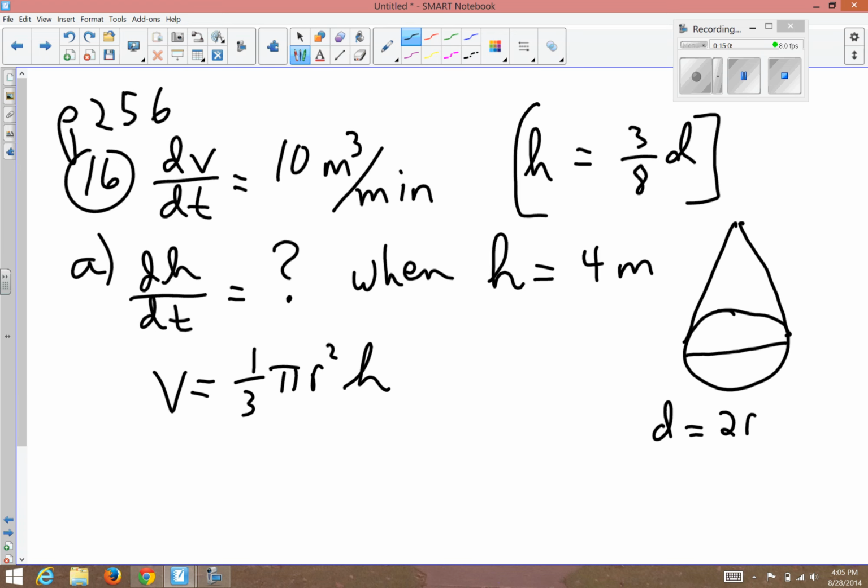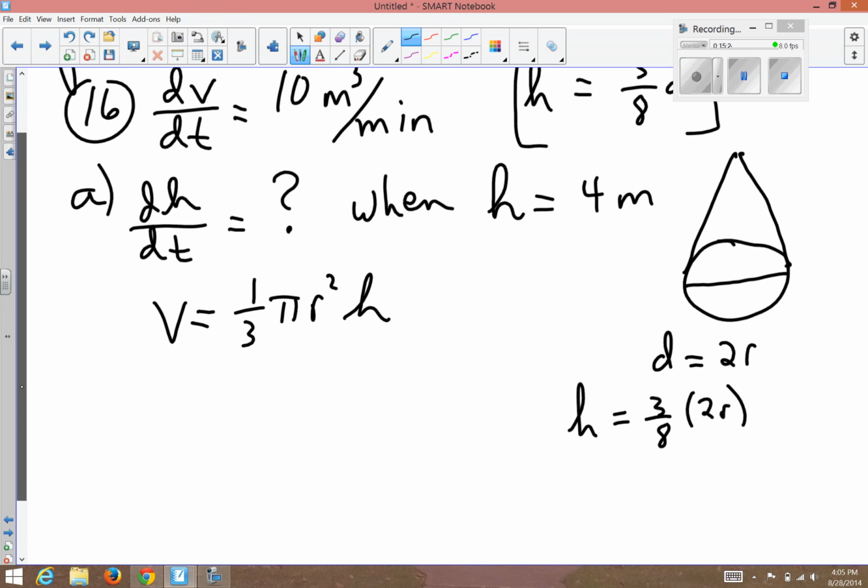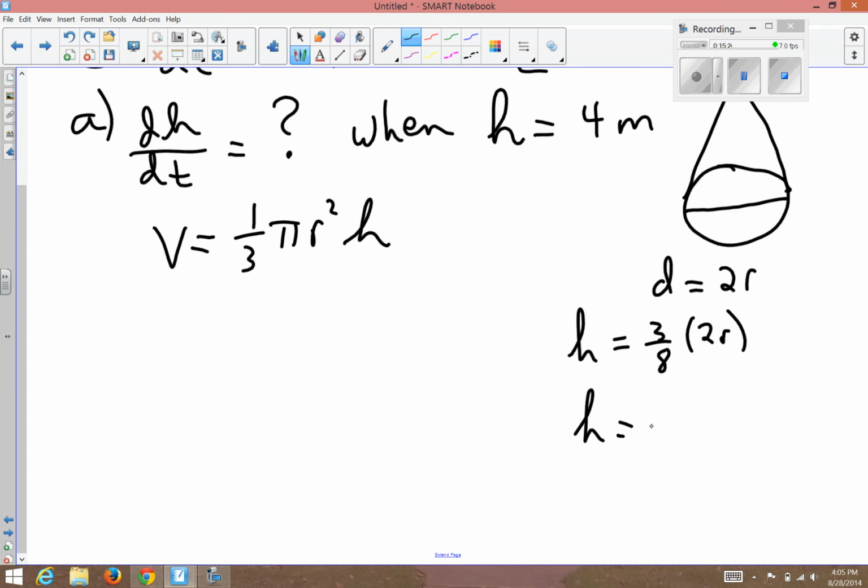That means the d in this information up here can be replaced with 2r. h equals 3/8 times d, but the diameter is always twice the radius, so h equals 6/8 or 3/4 r. We multiply both sides by 4, and we get 4h equals 3r.